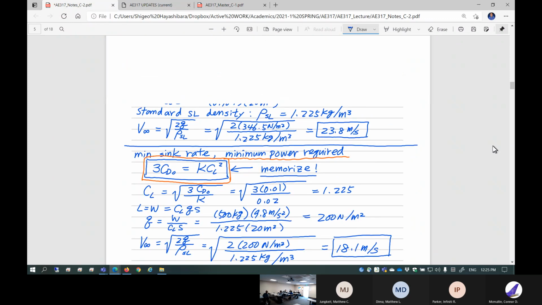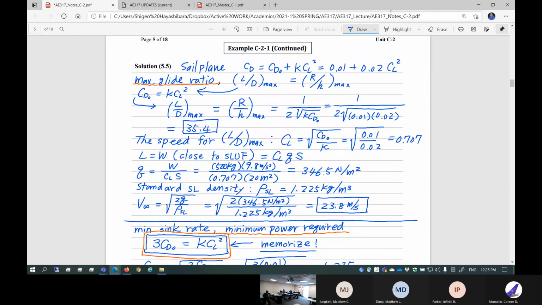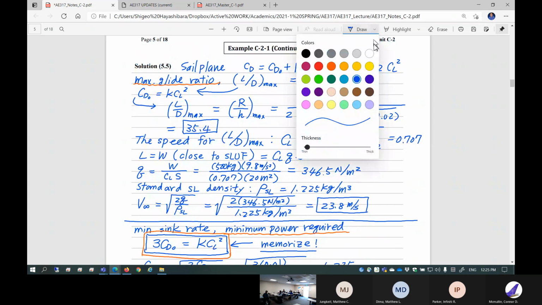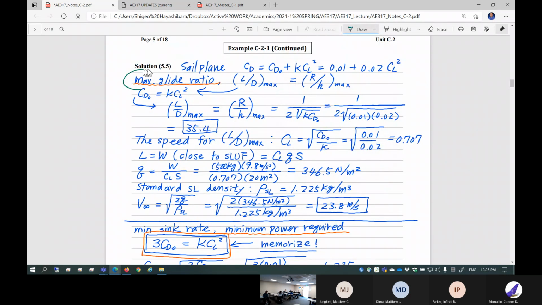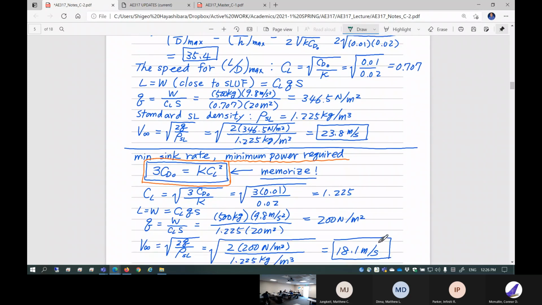Okay? So we are talking about maximum glide ratio. As a matter of fact, this is actually a range. Okay. So how do you maximize your range? Of course, lift to drag ratio maximum. Yeah, sure.